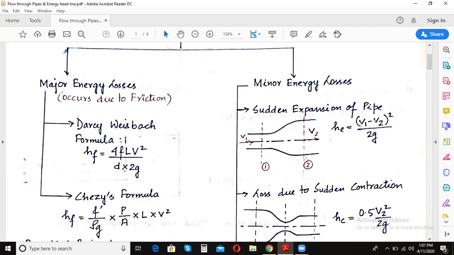The velocity through the larger cross section, marked as 2, is v2. So in that case, what will be my head loss? The head loss will be equal to (v1 minus v2) whole square divided by 2g, right?